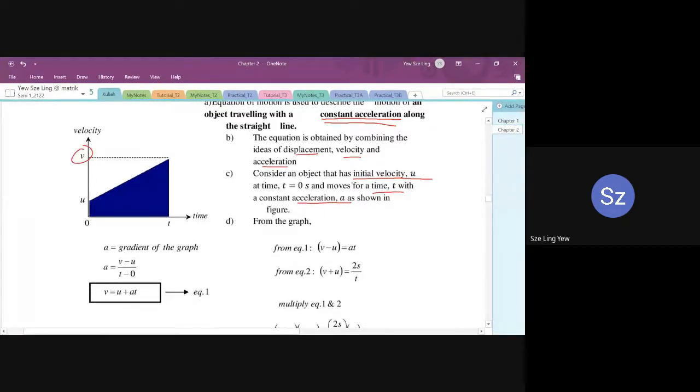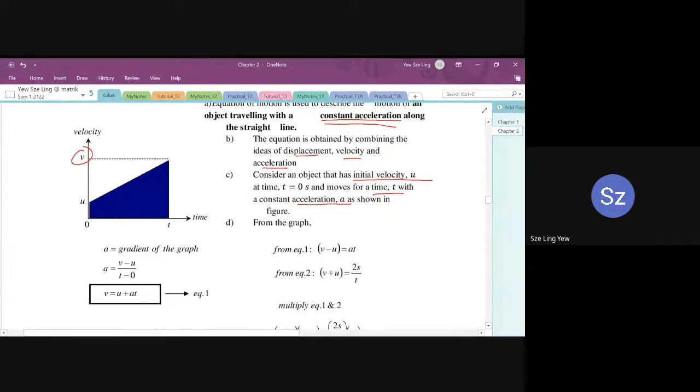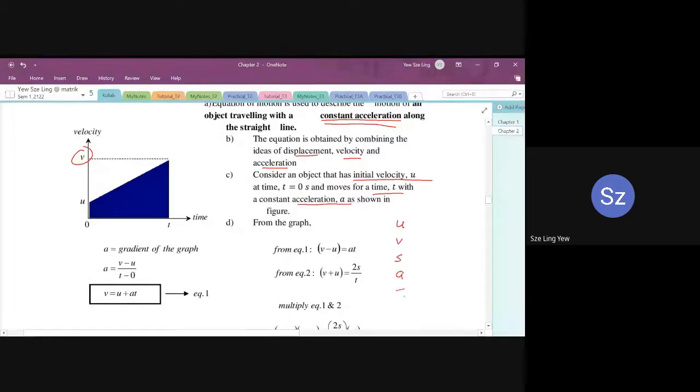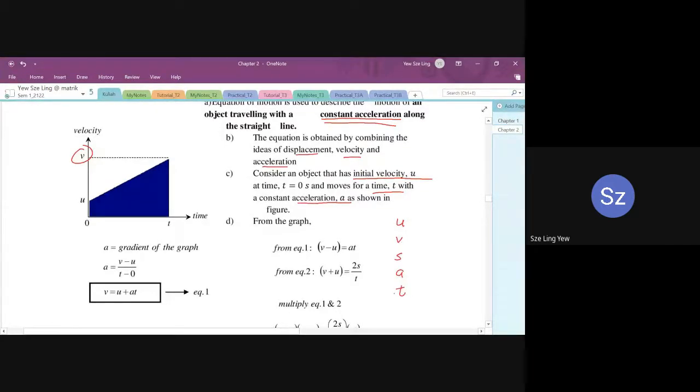So we have 4 variables in the equations. Whenever you solve a problem involving linear motion, make sure you look for these items: u, v, s, a. These 4 are vectors, and the last one is a scalar quantity, which is time. So there are 5 variables, and if you have 3 variables, then you will be able to find the 4th. Usually we have 4 variables in an equation.